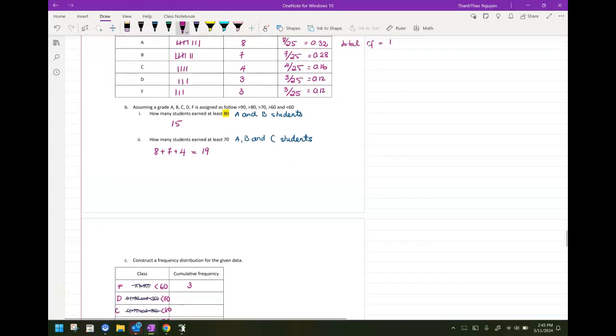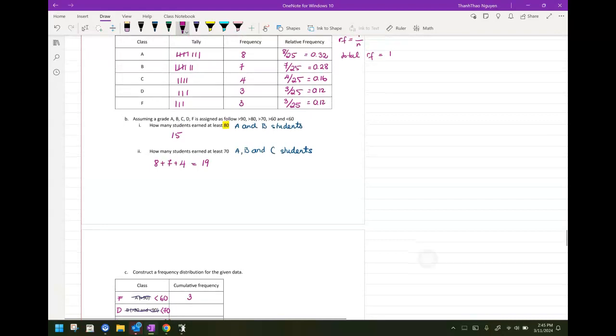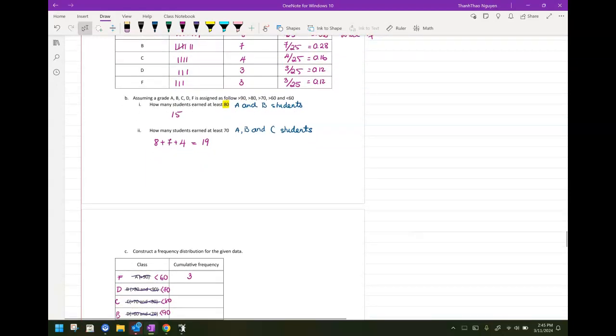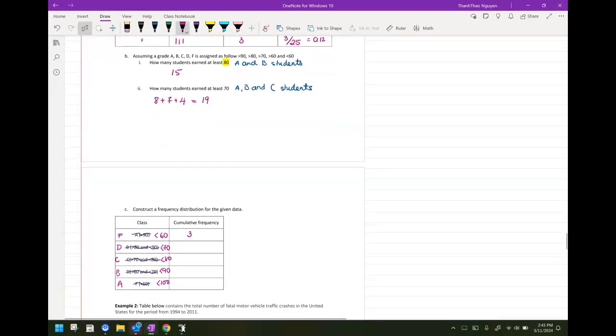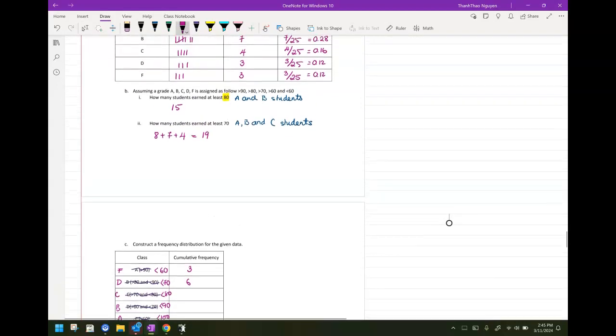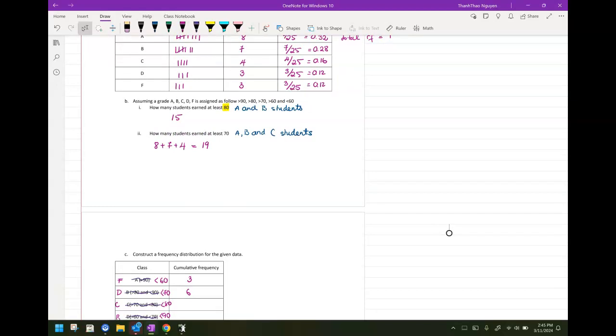How many people earn less than 70? Since they earn less than 70 points, they are in the category of receiving a D or an F. So there are 6 people that earn less than 70. How many people earn less than 80?